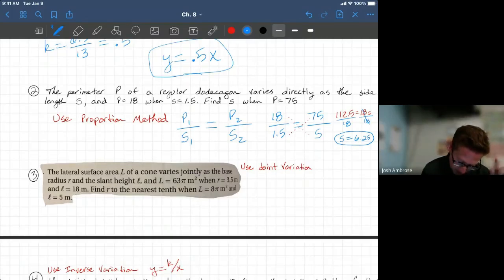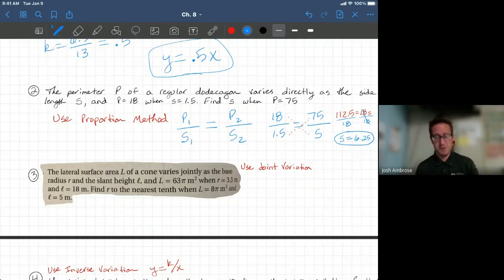All right, so first step for joint variation is you have to solve for K. We have to solve for K before we can move in and solve for the other shape. So we have a 63 pi.